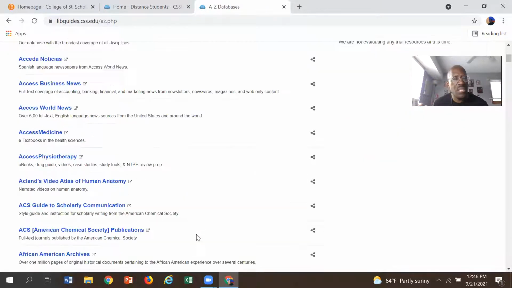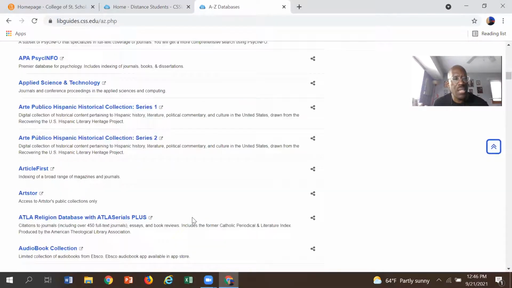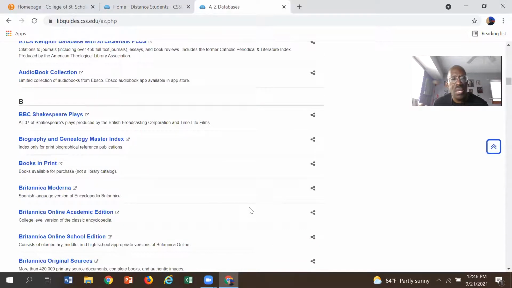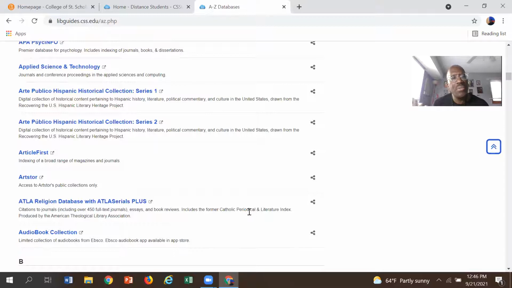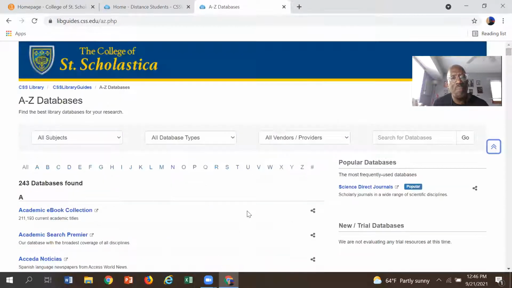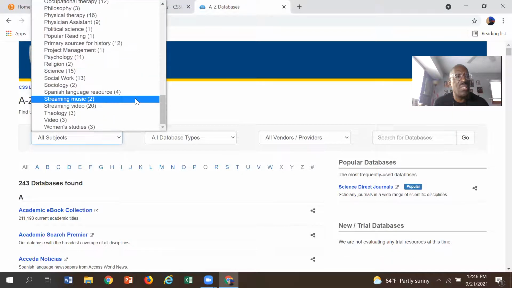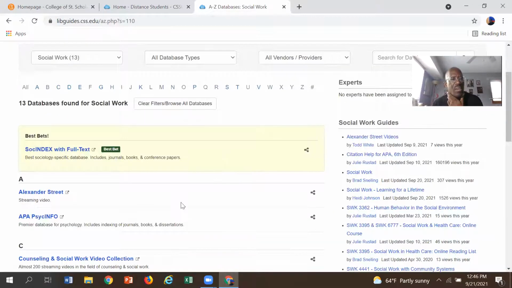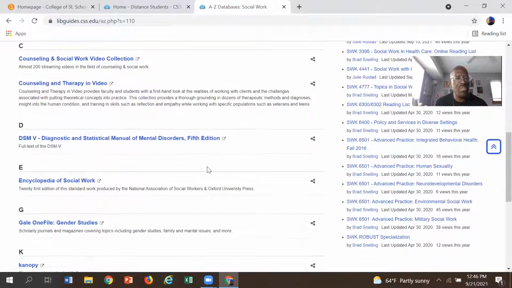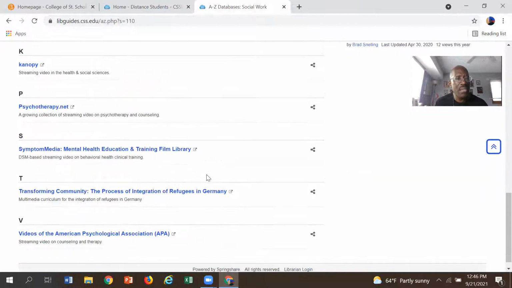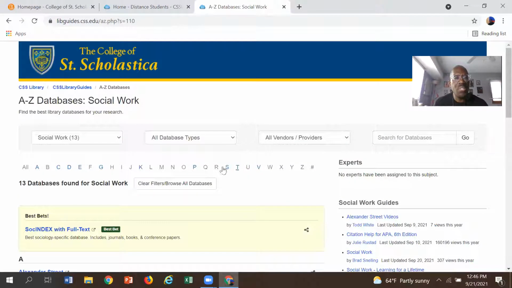I don't get in here very often, but these databases are just kind of clearinghouses for social services. So you can look at subjects, social work for example. These are some of the popular ones as it relates to social work practice that you can actually utilize.